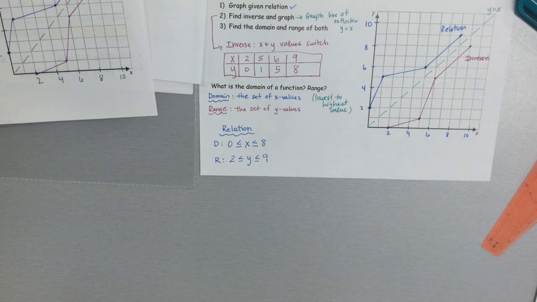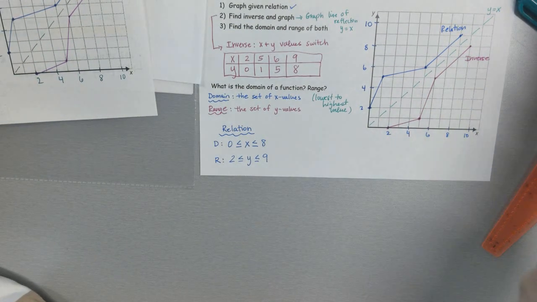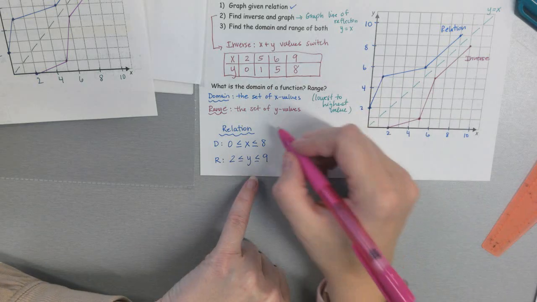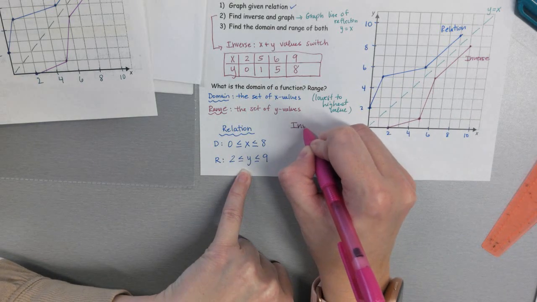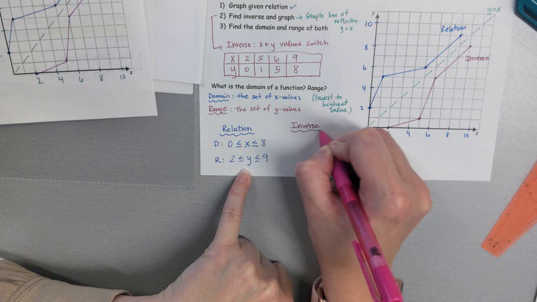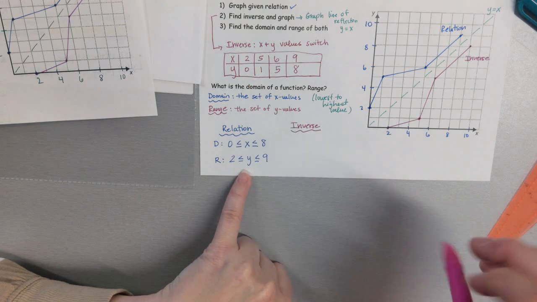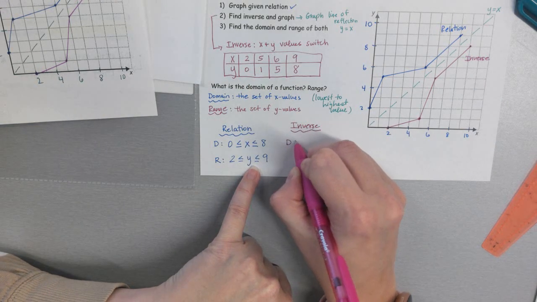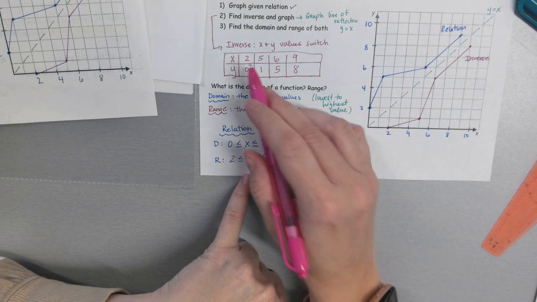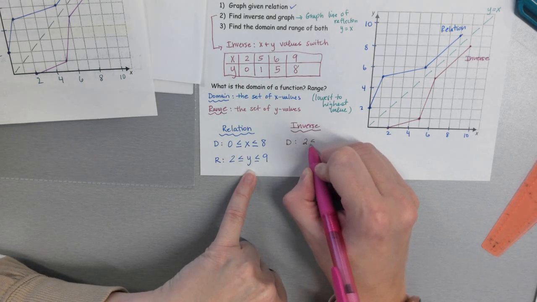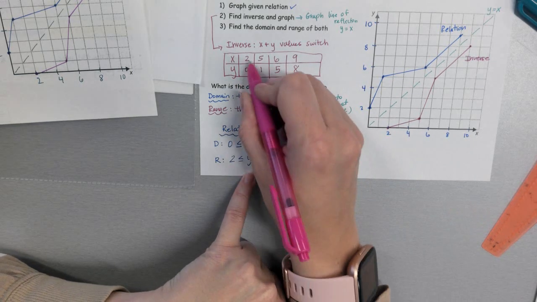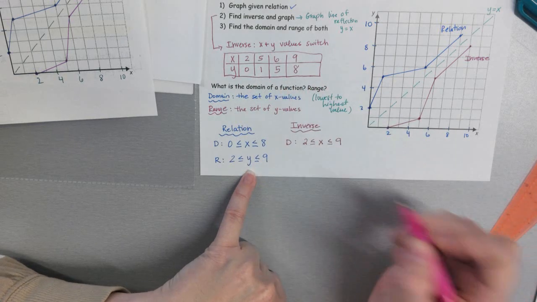Now let's look and see how this is going to be related to the inverse. Okay, so the inverse, now I'm going to be looking at this table. Okay, so my lowest value for x is 2, and my highest value is 9.